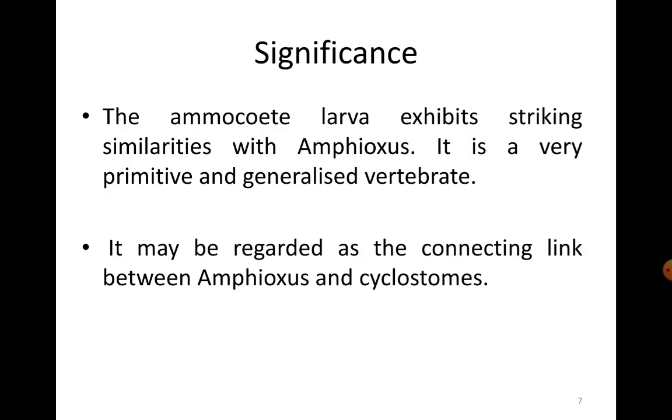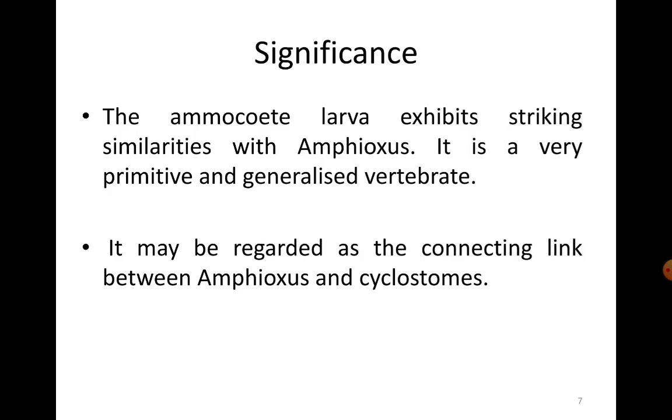This resemblance helps us to understand how these two would have originated from a common ancestor, because here we can clearly see the morphological similarity between a cephalochordate, which is a protochordate, and a larva of an agnathan, right?